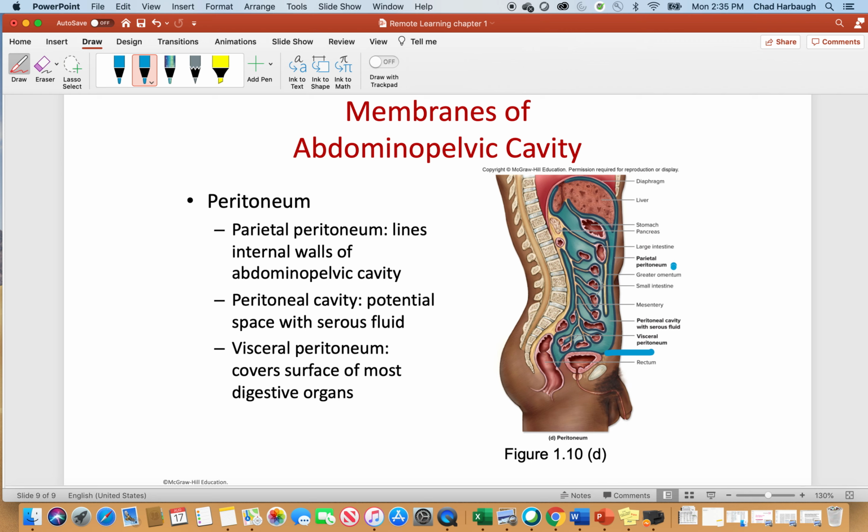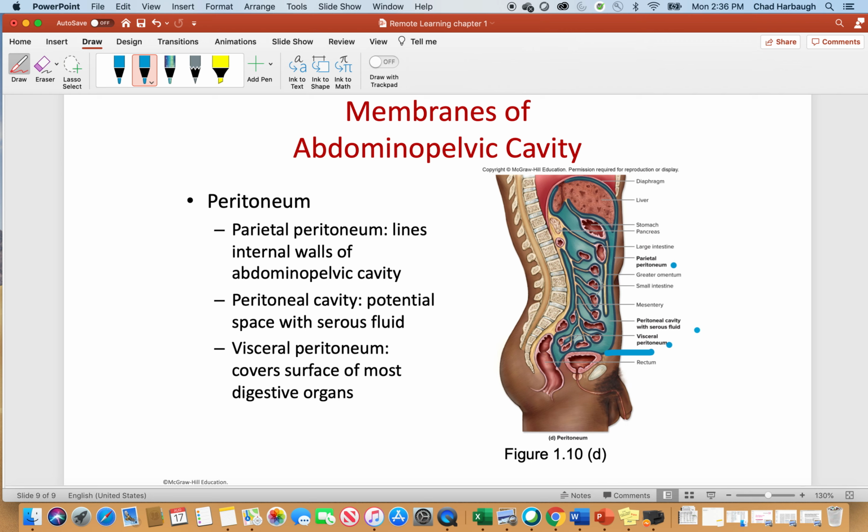It lines the internal walls of the abdominal pelvic cavity. It also has the visceral peritoneum, which is the inner layer of the serous membrane. It lines the external surfaces of all the digestive organs located inside the abdominal pelvic cavity, such as the small intestine, the large intestine, the stomach, etc.